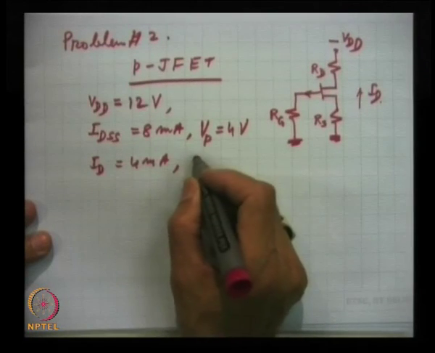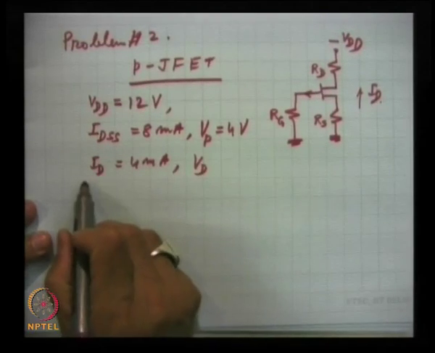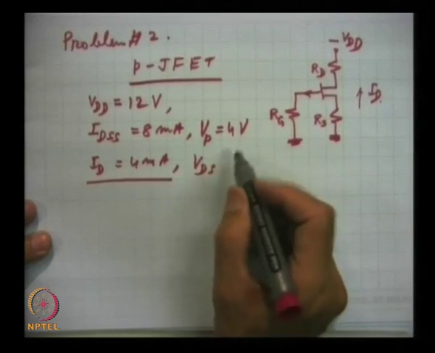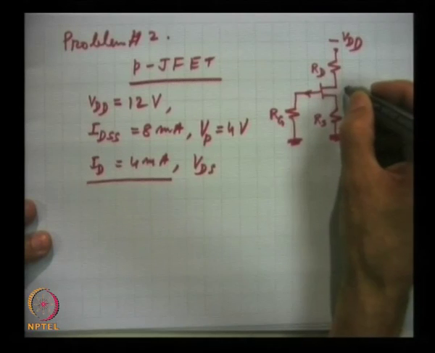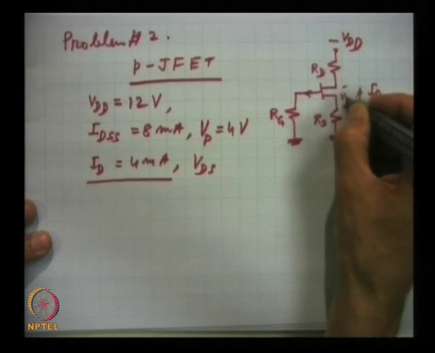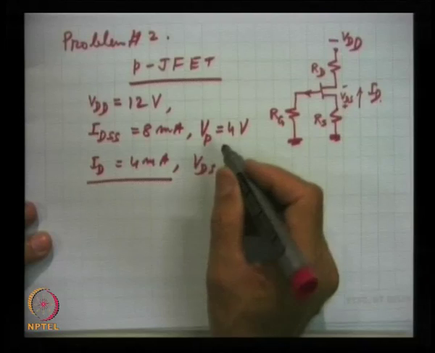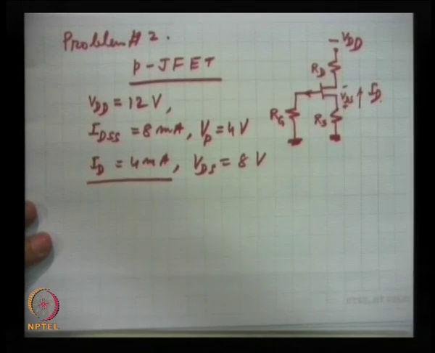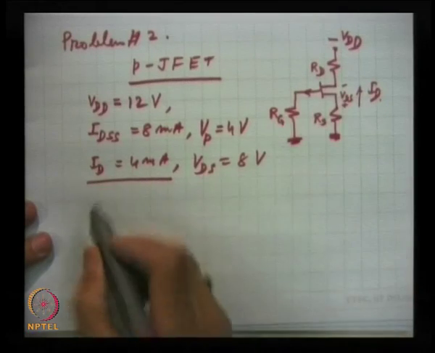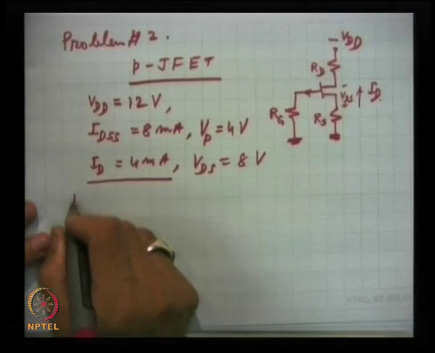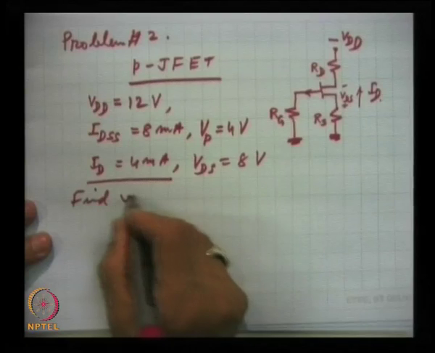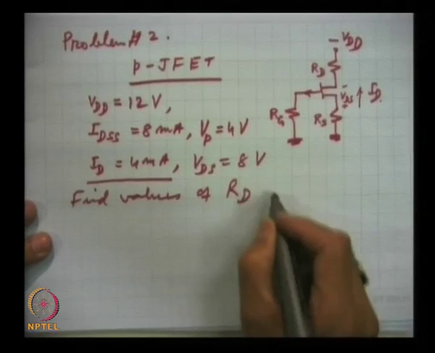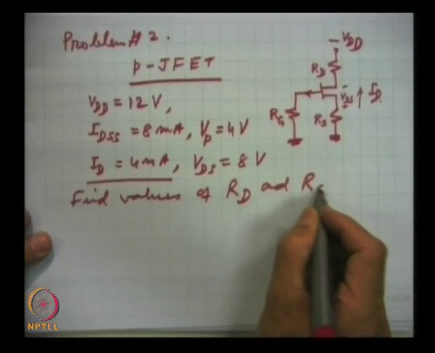When the 4 milliampere current flows, VDS, this voltage here, is equal to 8 volts. We have to find out the values of the two resistors RD and RS.